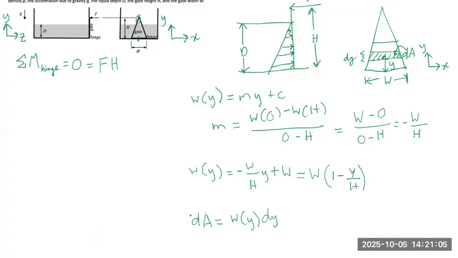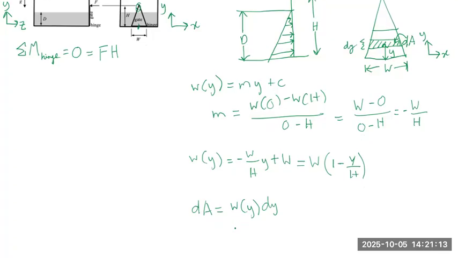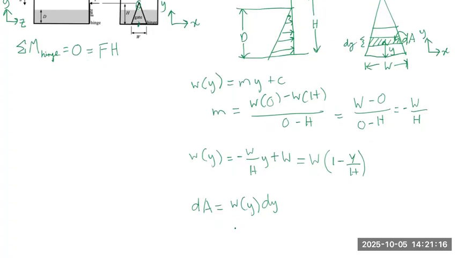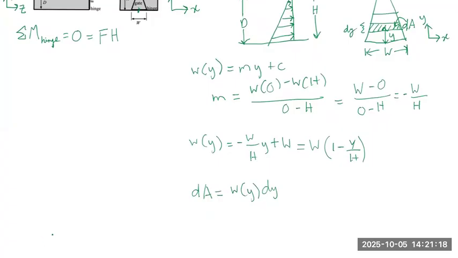All right. So what is the differential force on each strip? That is what we want to find. The differential force, which we will call dF, is equal to the pressure times the area, because pressure is equal to force divided by area.